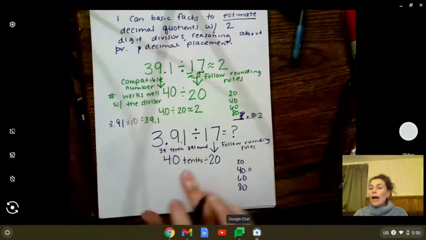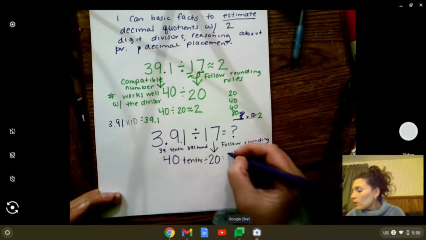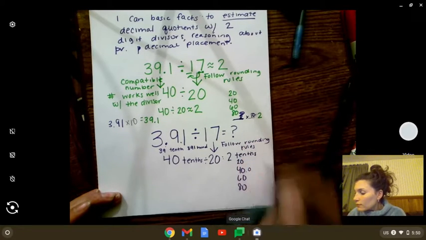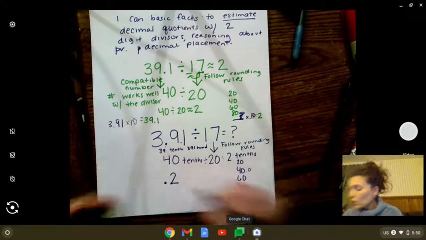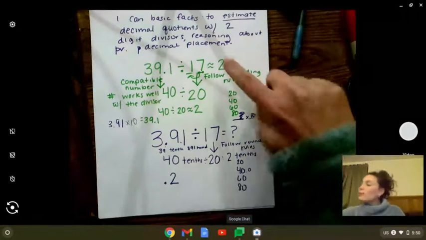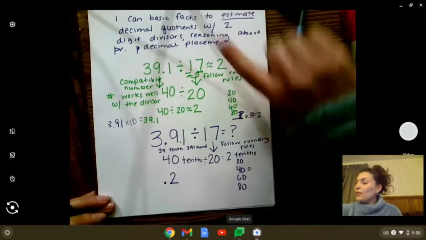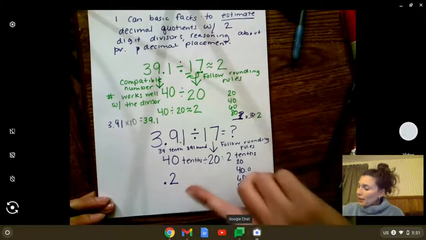So now I have 40 tenths divided by 20 equals 2 tenths. 2/10 is decimal point 2. And if we look back up at our answer up here, we knew that this answer was going to be 10 times larger than this answer.